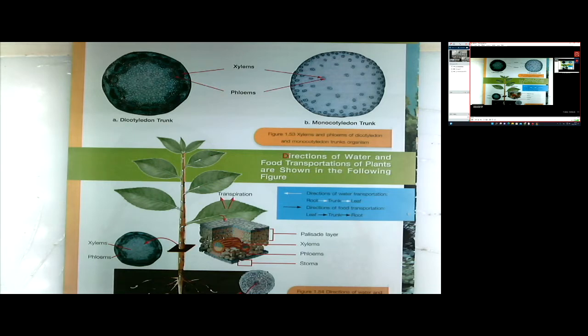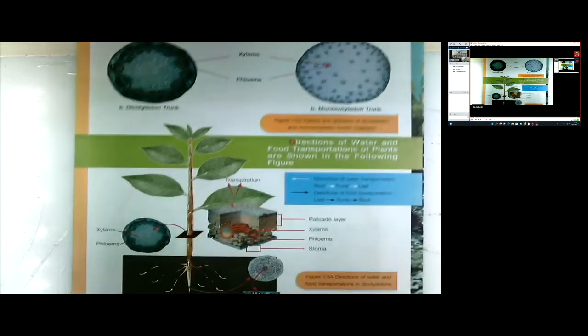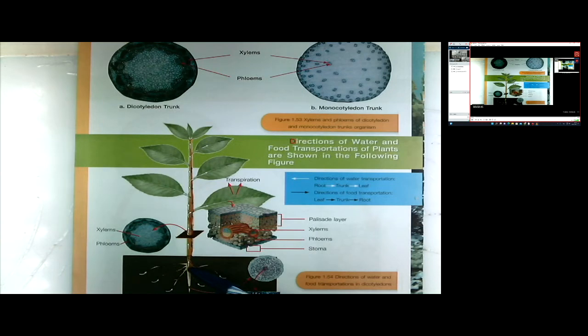So we said that the same process is the one that is used by trees or plants, like the one you see here. That's a plant on the diagram. It uses the process of osmosis or diffusion to move substances up into the tree, like water and nutrients.